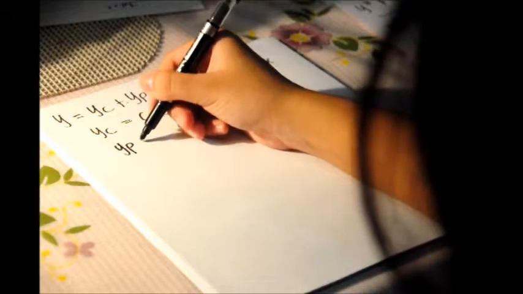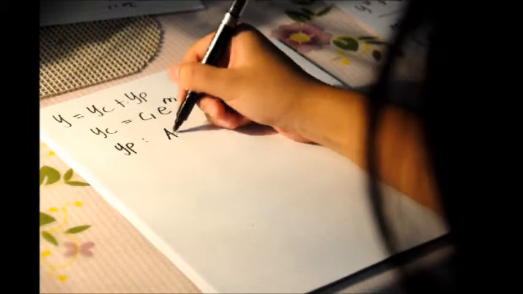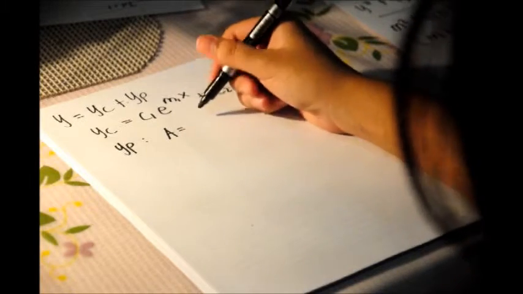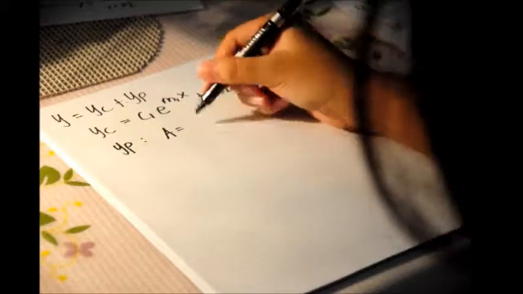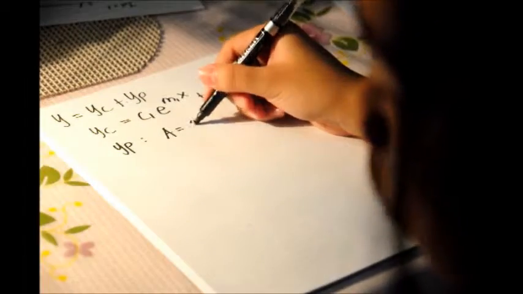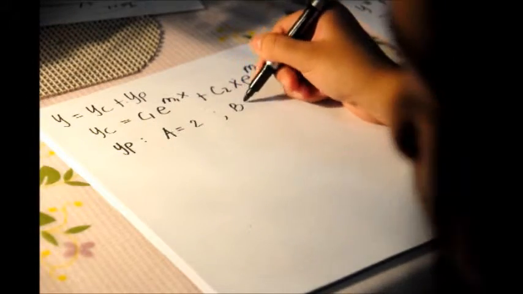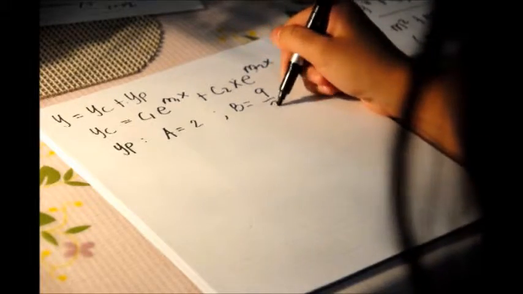We have also solved yp earlier, and from yp we have solved the value of A, which is 2, and the value of B, which is 9/2.